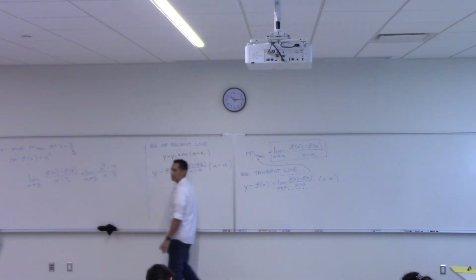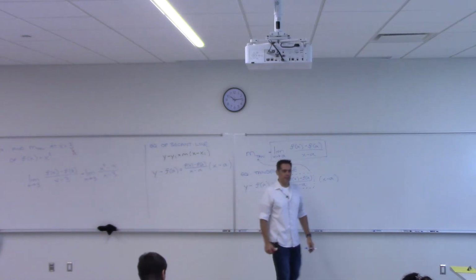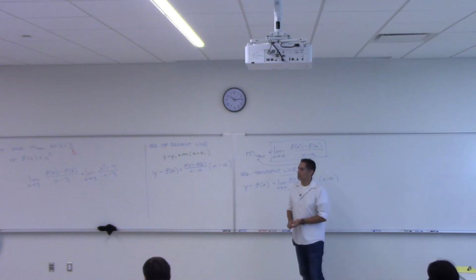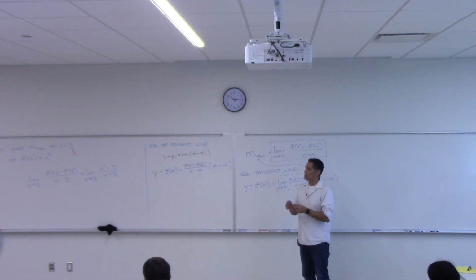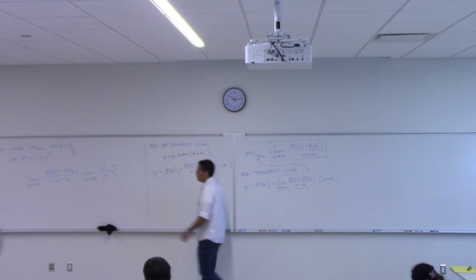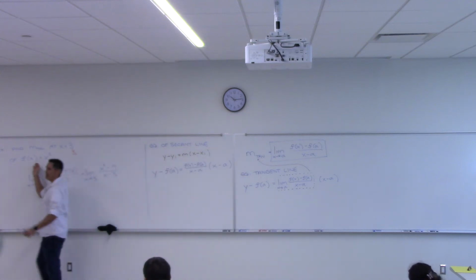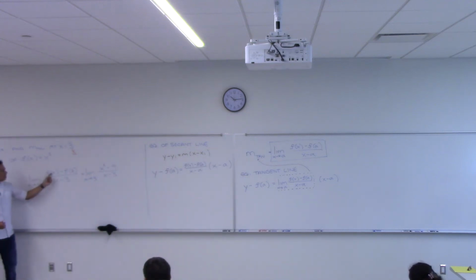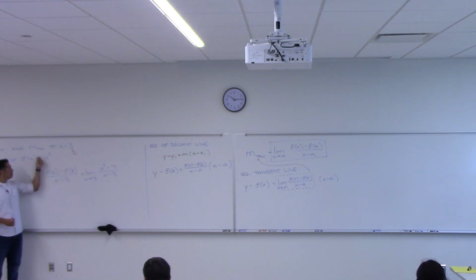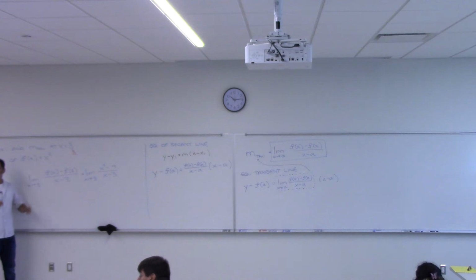Any questions on where that came from? Questions? For this problem, I'm actually giving you the function, so now you can replace these two things by plugging x in here and plugging 3. Did I see a hand? No?